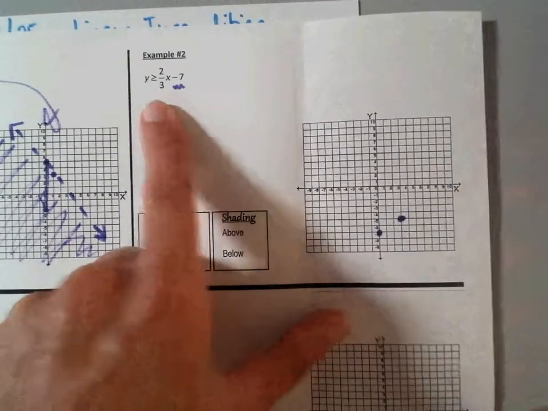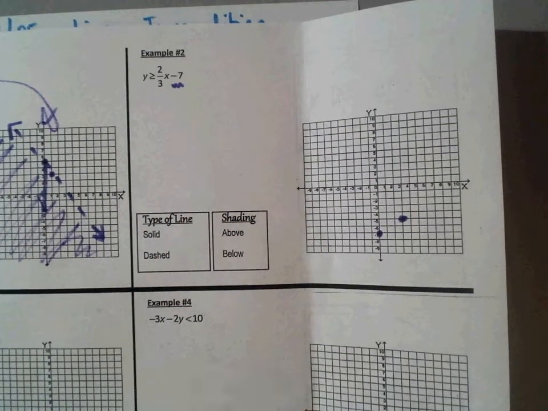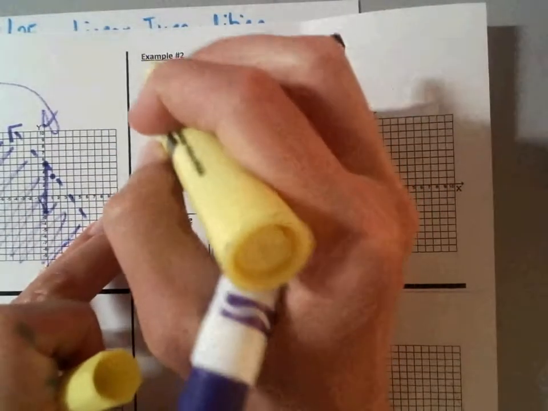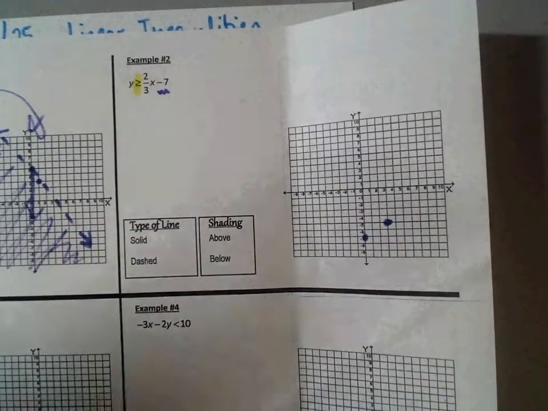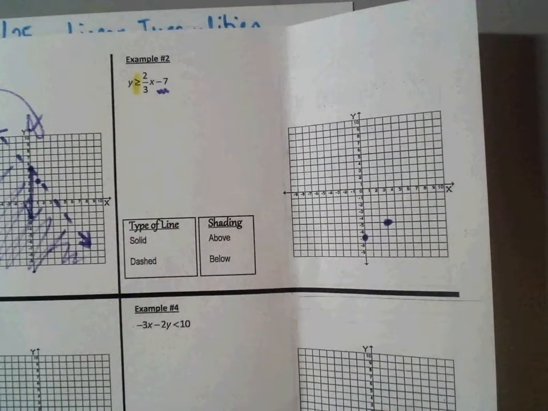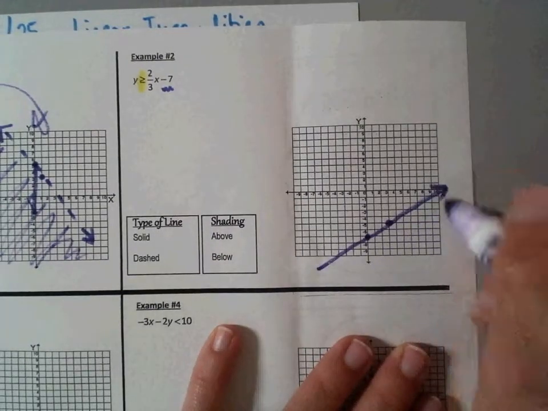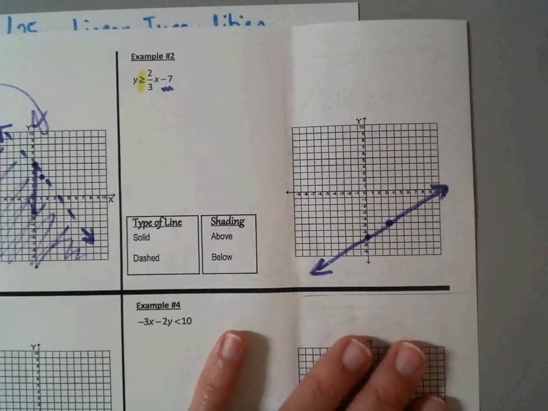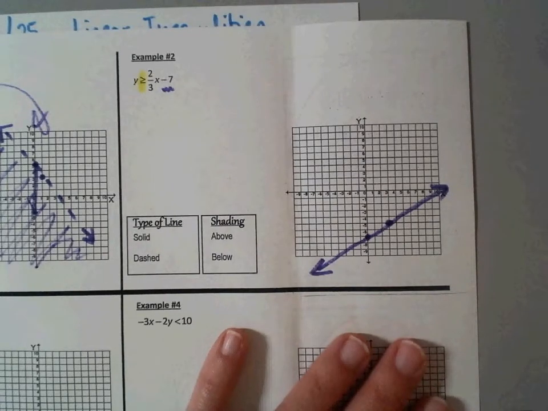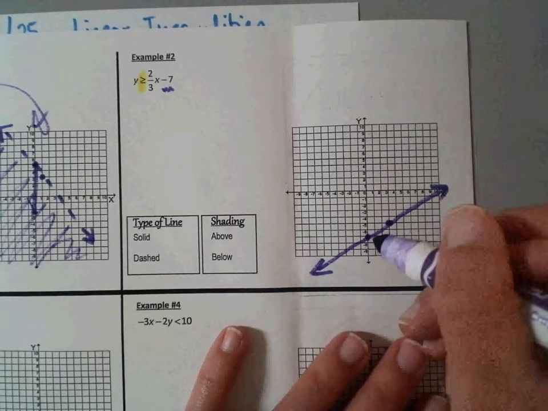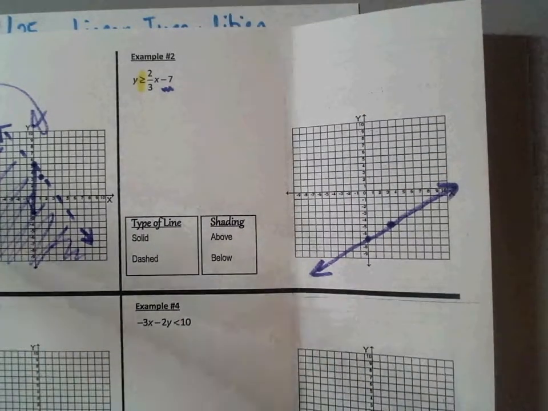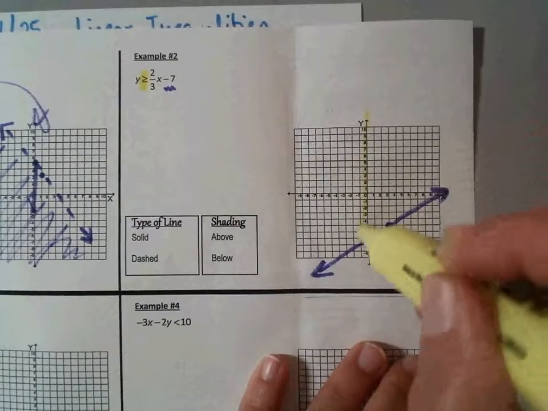You have to pay attention to what type of line you're going to make. This symbol is greater than or equal to, so it's going to be a solid line. Very good. Now your pencil goes on your y-intercept. Everybody put your pencil where you hit the y-axis.